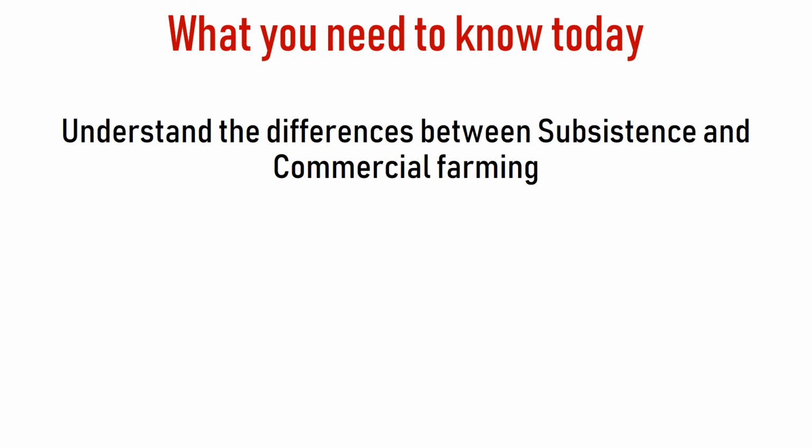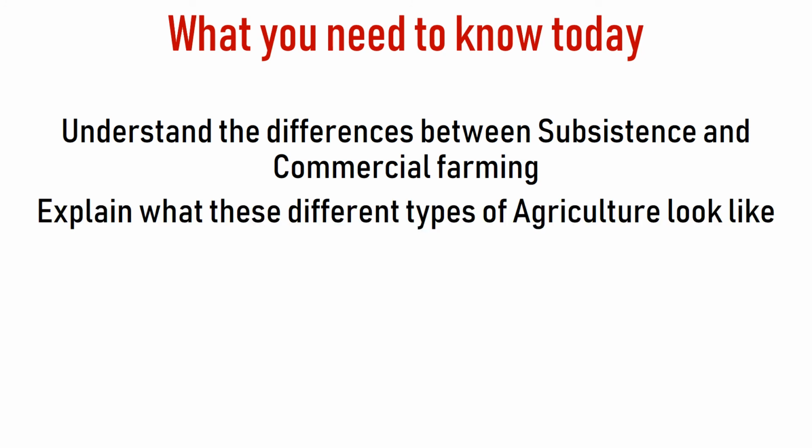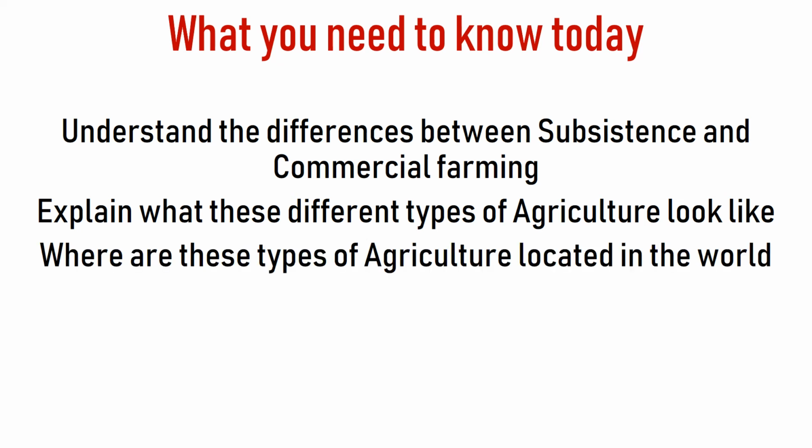All right, so what do you need to know today? First off, understand the differences between subsistence and commercial farming. Then make sure you can explain what these different types of agriculture look like. What does commercial look like? What does subsistence look like? What does capital intensive look like? What does labor intensive look like? Know where these different types of agriculture are located in the world.